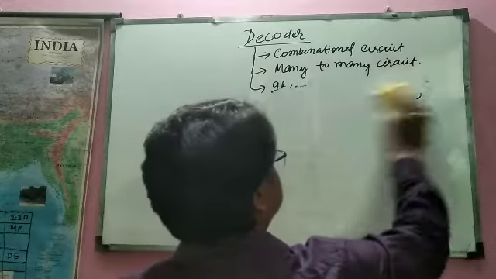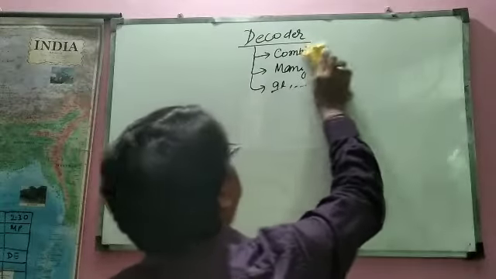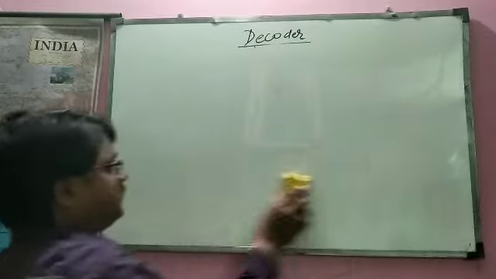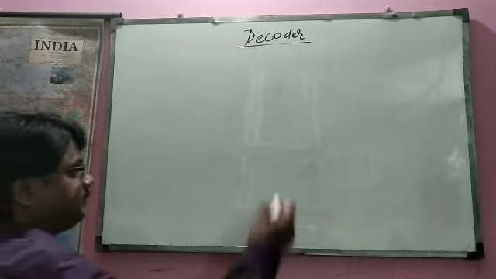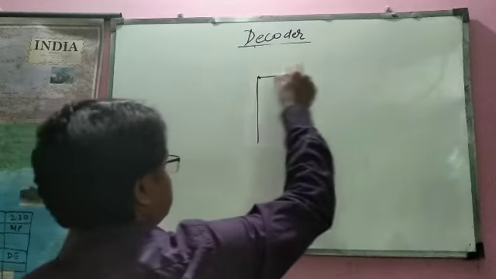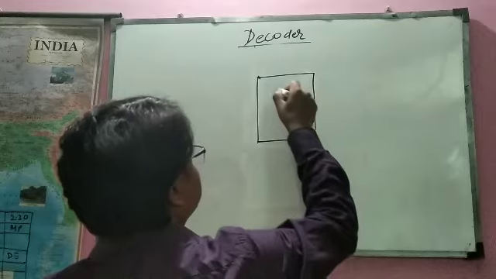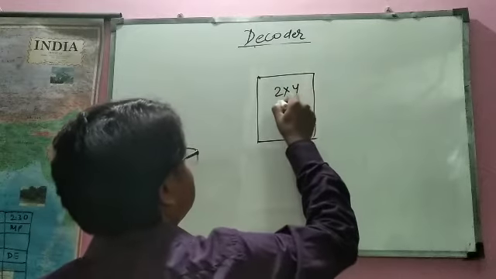In 2:4 decoder, the number of inputs is 2, and the number of outputs is 4, and there is an enable signal, that is also known as the control signal.